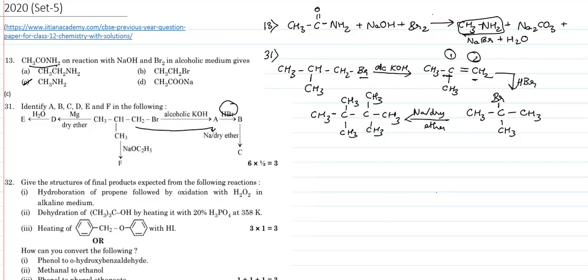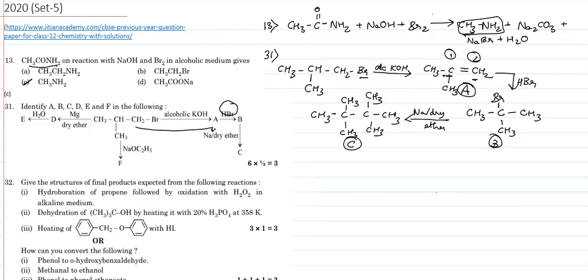So basically you have the sodium and dry ether. Do check out the video on Wurtz reaction that I did. So basically this bromine will get kicked out and two molecules of this react, and the carbons which were attached to the bromine will form a bond. So in this reaction, this is A, this is B, this is C. So we're done with one part.